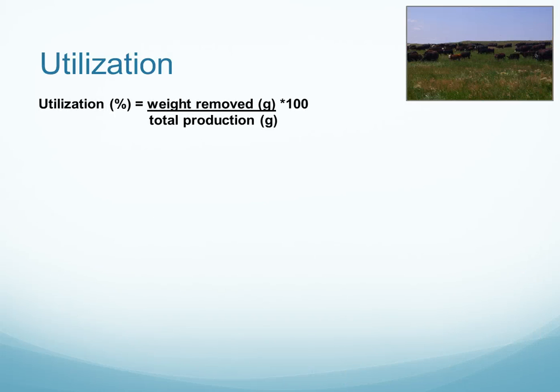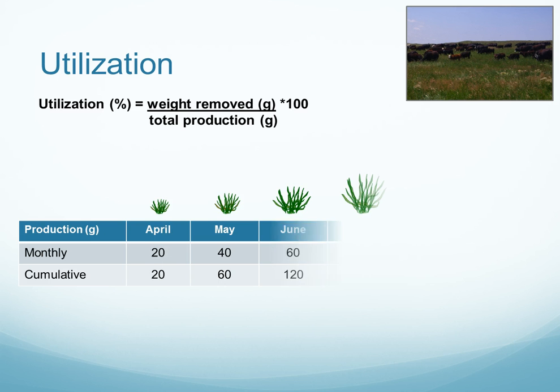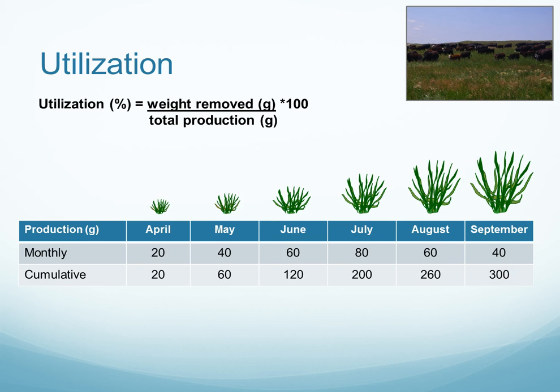Utilization is usually calculated by determining the weight of the biomass that has been removed and calculating a proportion relative to the total production from throughout the growing season. Let's look at an example where the growing season occurs between April and September.